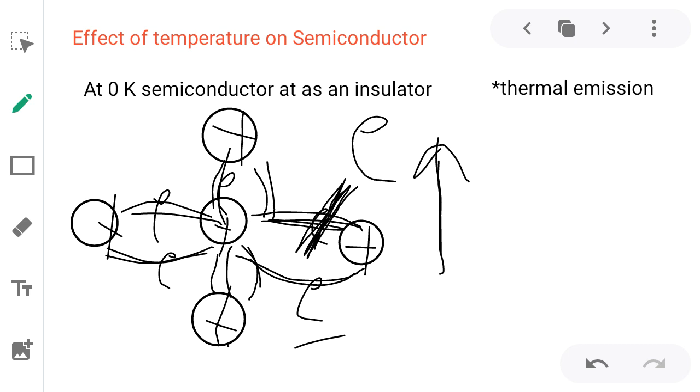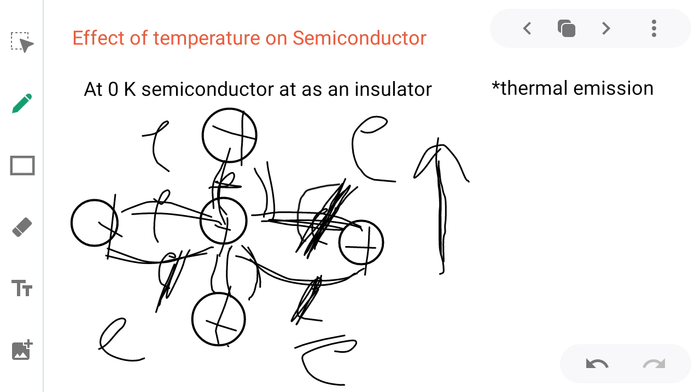The same thing: if I go on increasing the temperature, some of the electrons come out by breaking their covalent bonds. As these electrons come out from the covalent bond, an empty space is created here.